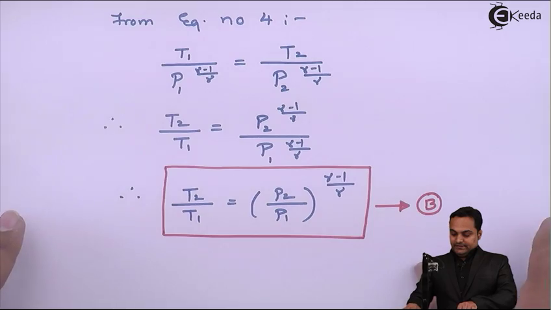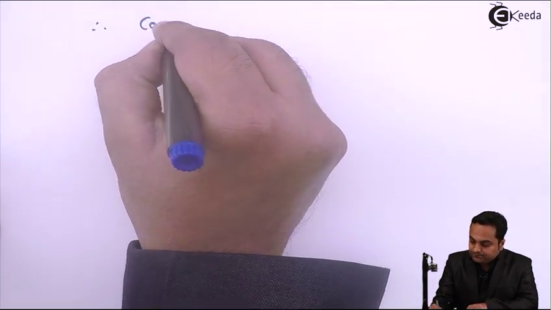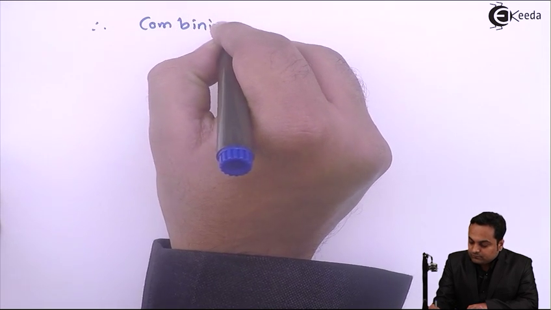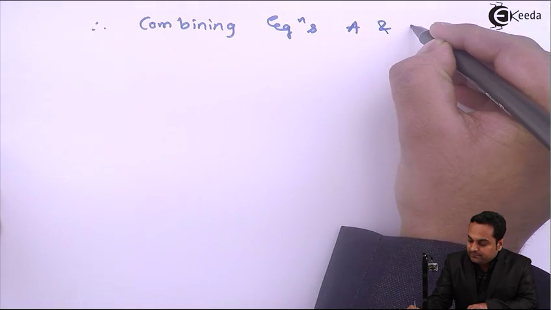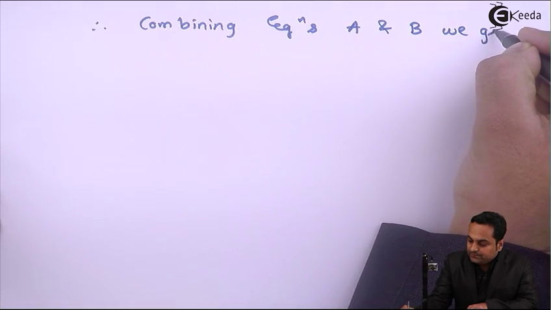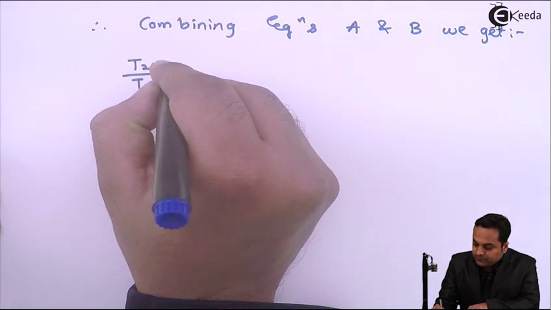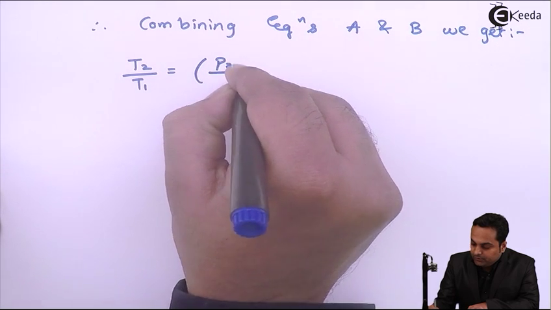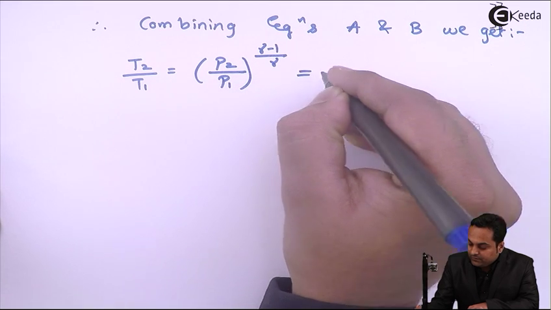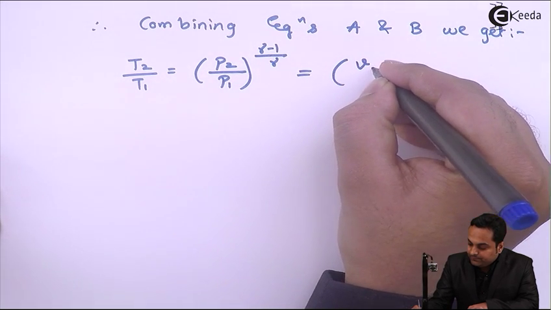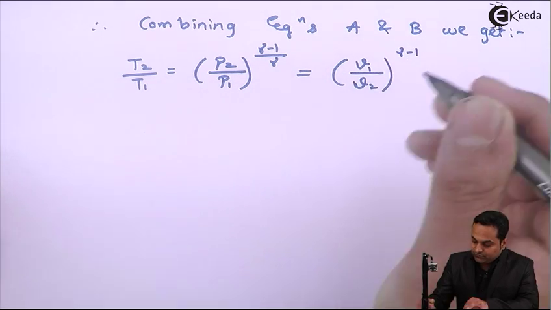So I'll say that therefore, combining equations A and B, we get T2 upon T1 is equal to P2 upon P1 raised to gamma minus 1 upon gamma is equal to V1 upon V2 raised to gamma minus 1.